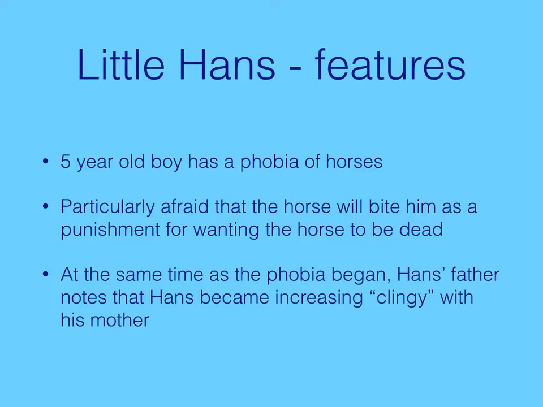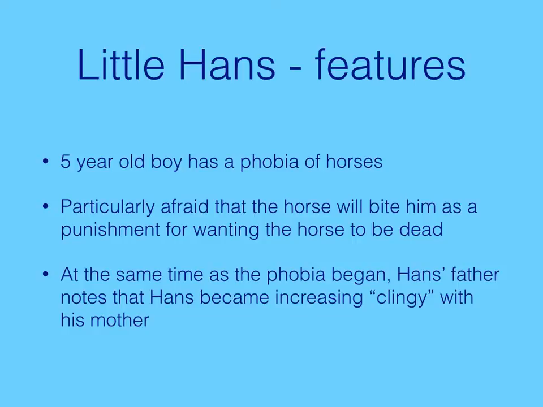Now, in terms of defence mechanisms, the fear of the horse, Freud argued, was actually symbolic of fear of the father, which had been repressed and then displaced onto the horse, and the fear that the horse would bite him.